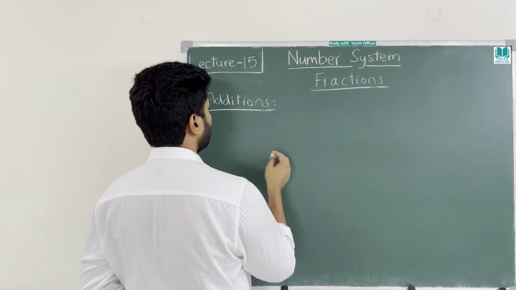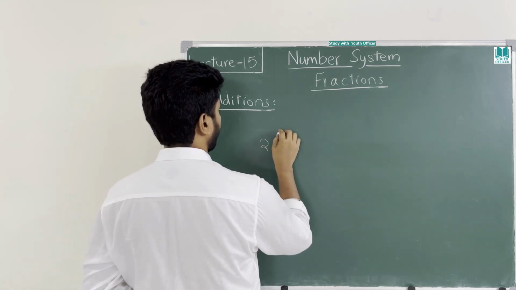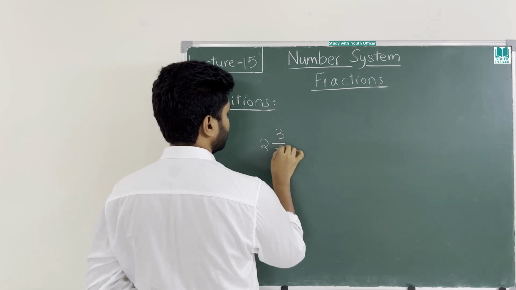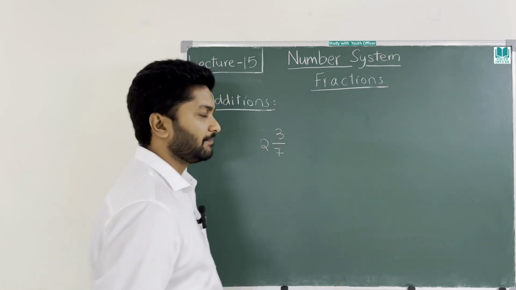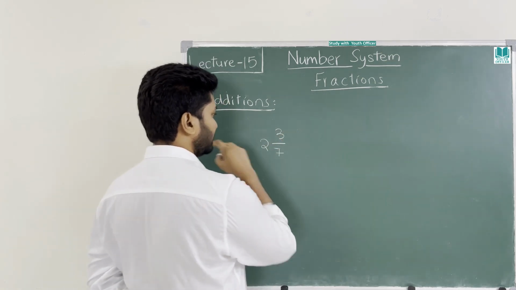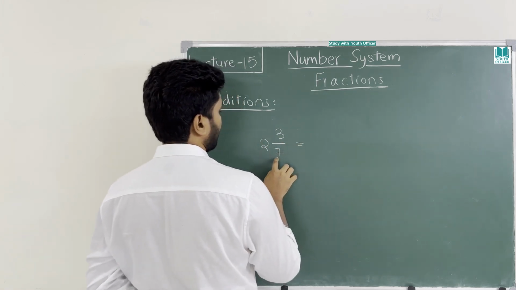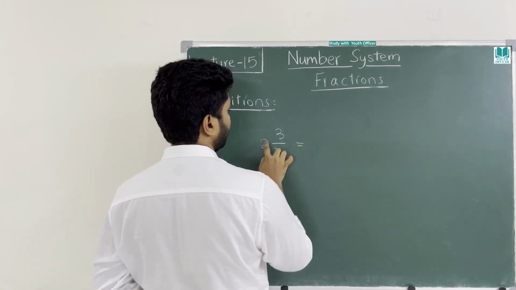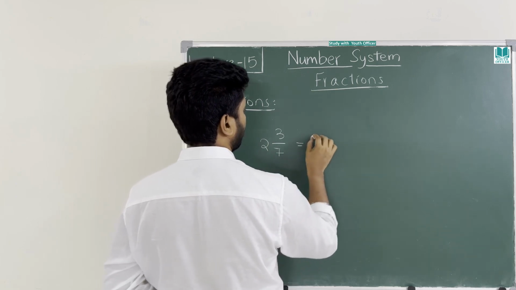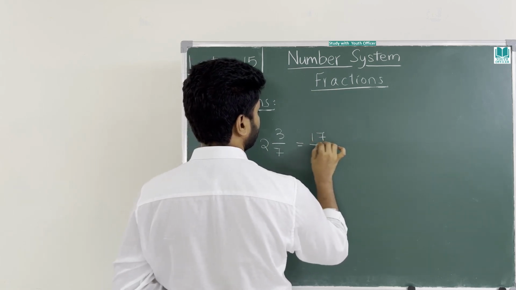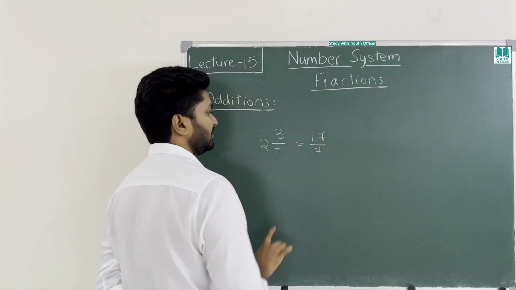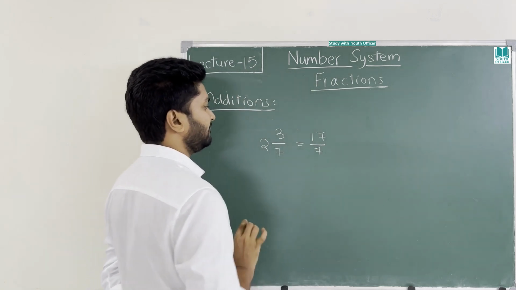Any mixed fraction you tell me? 2 3 by 7, right? So what is the real fraction, the normal fraction? 7 2s are 14, 14 plus 3, how much? 17 by 7. This is the original fraction which we converted into a mixed fraction.